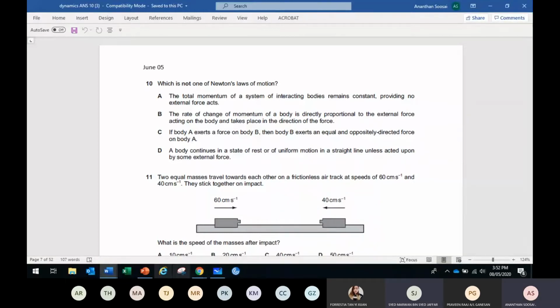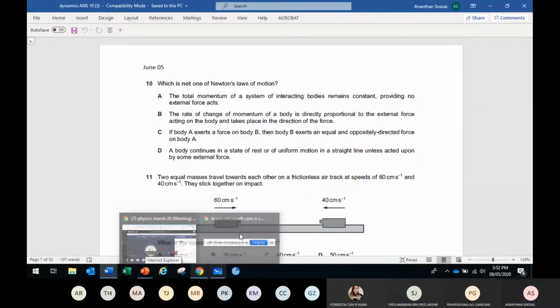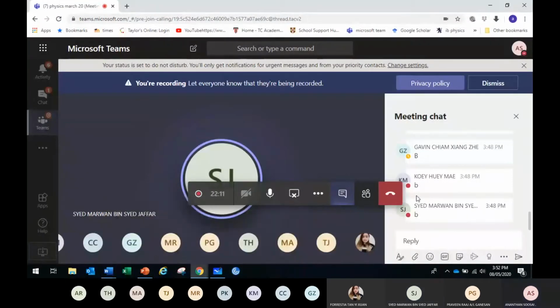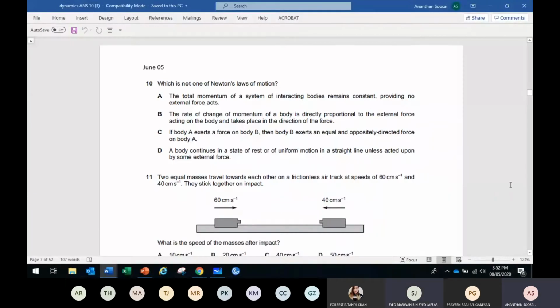Okay, give it a try. Let me check what answers. You can't see the question? Oh, you can see it now. Okay. Which is not one of Newton's laws of motion?